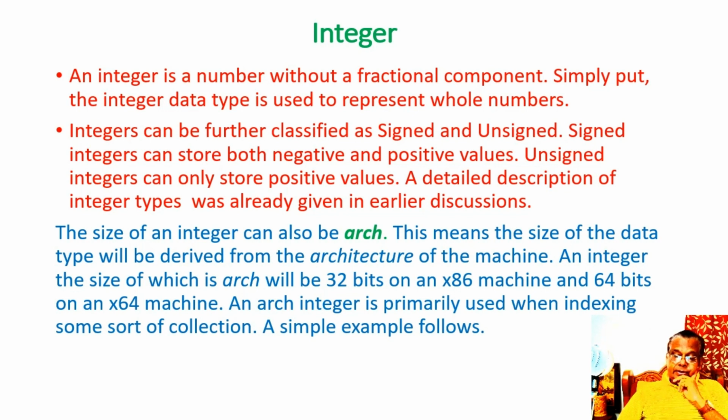An integer, the size of which is arch, will be 32 bits on an x86 machine and 64 bits on an x64 machine. An arch integer is primarily used when indexing some sort of collection. A simple example follows.